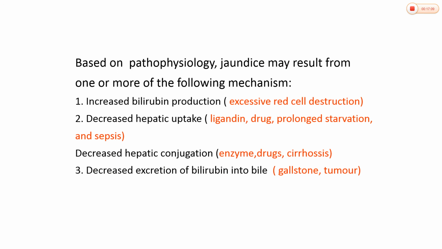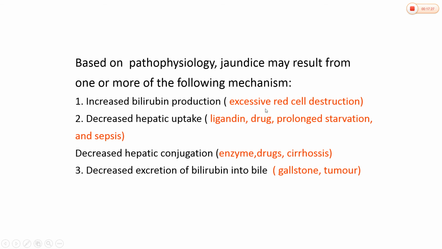So based on the pathophysiology, jaundice may result from one or more of the following mechanisms: either increased bilirubin production, that means excessive red cell destruction. If there is too much red cell destruction, which is the anemia condition, it may lead to increased bilirubin production.